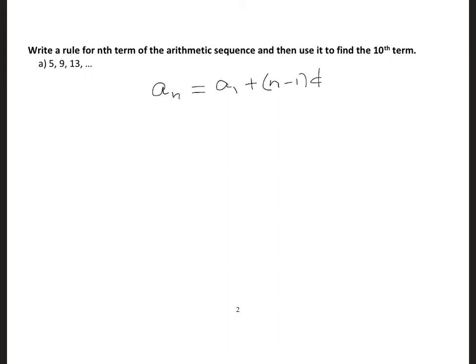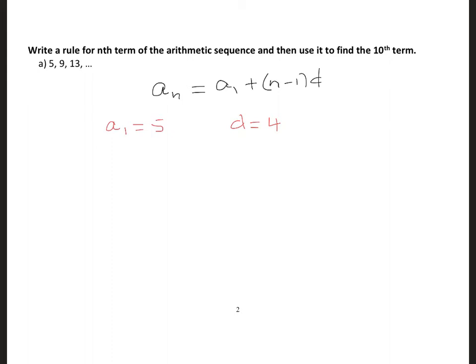We know the first term is 5. We also know the difference is you are adding 4. You get it by subtracting any two consecutive numbers: 9 minus 5, 13 minus 9. So we know we are adding a positive number.